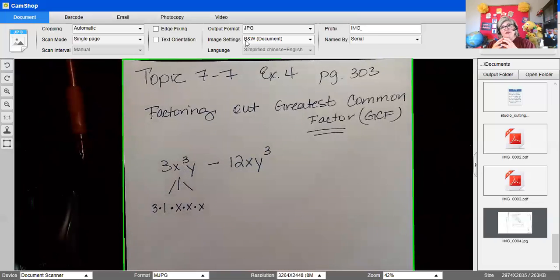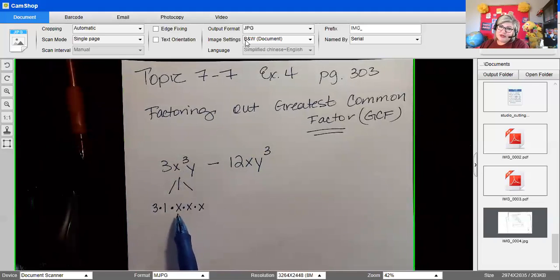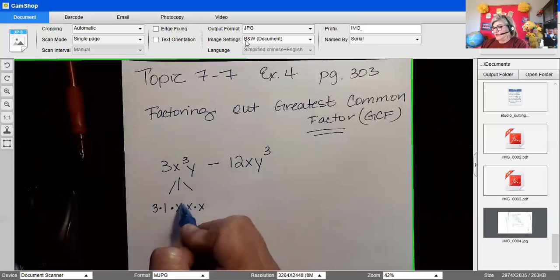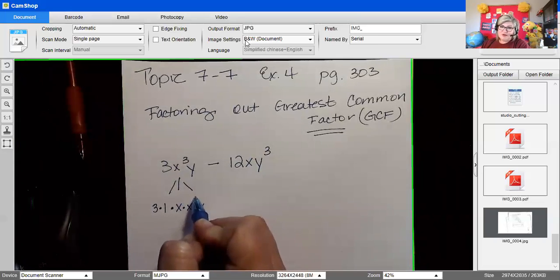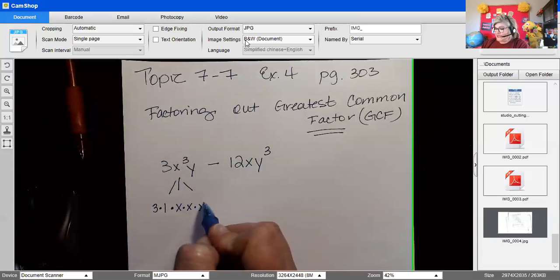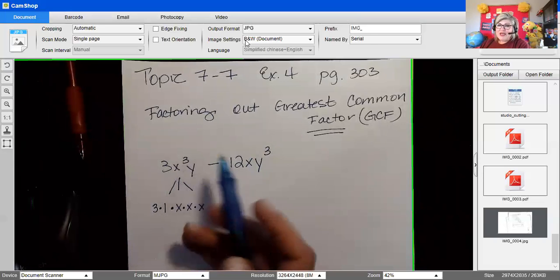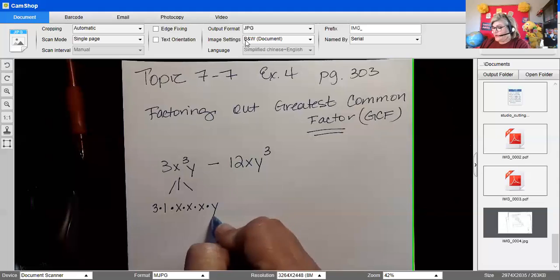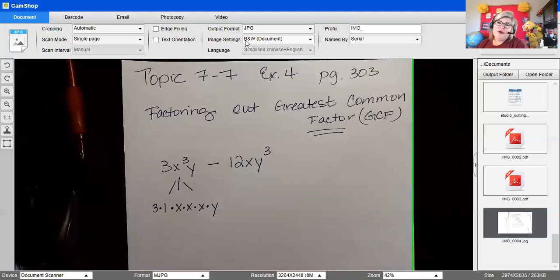Anytime we multiply something with the same base, we add the exponents. The understood exponent on each one of these x's is 1, and so x to the first power times x to the first power times x to the first power is x to the third power. And then we have y to the understood first power. So that's how we've broken apart that first term.